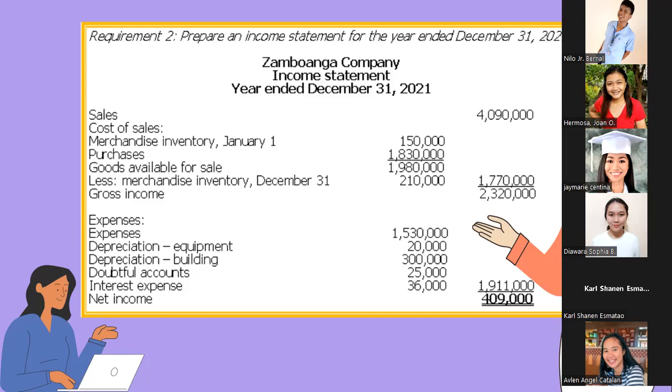What is the indication? How do you prove that depreciation was not recorded in the previous year? How do you know?